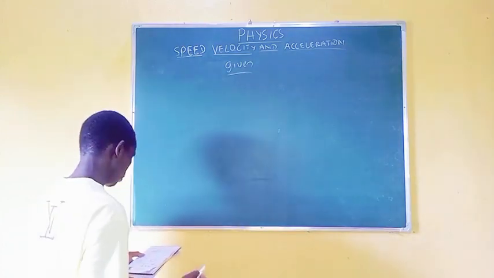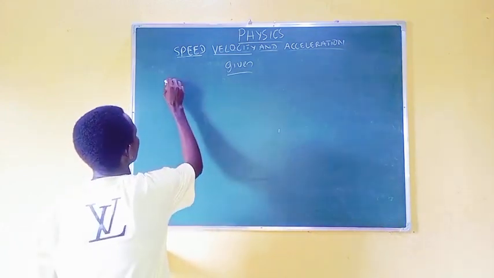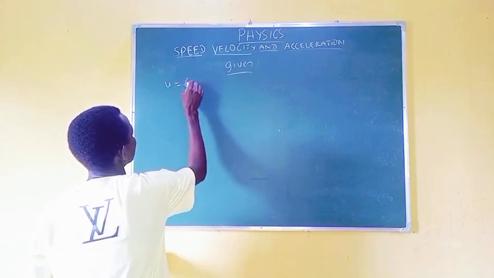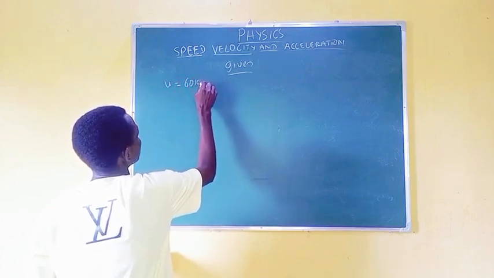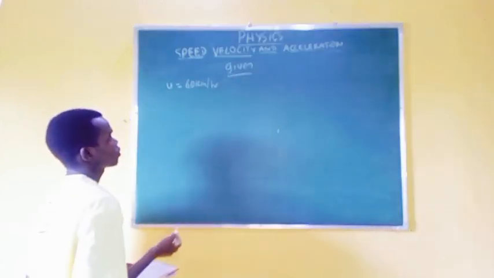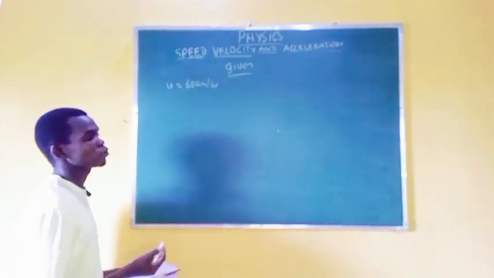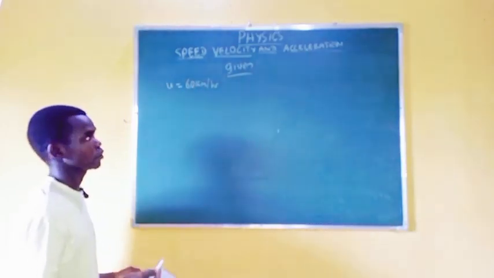From the given, we have the initial velocity u to be 60 km per hour. And we need to convert this 60 km per hour to meters per second.